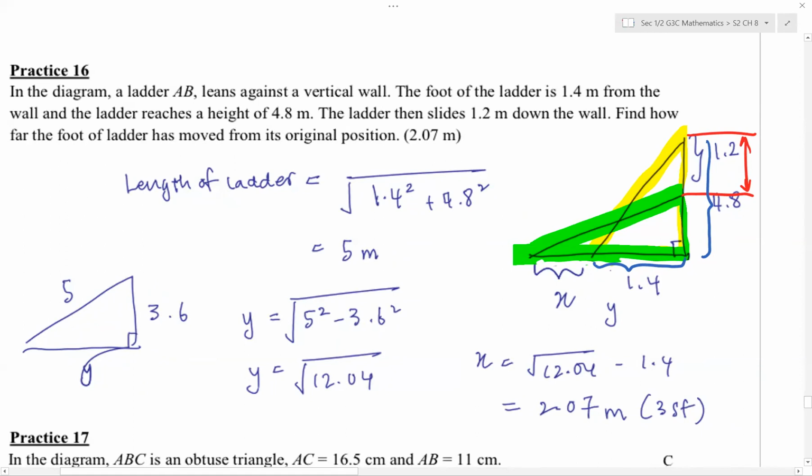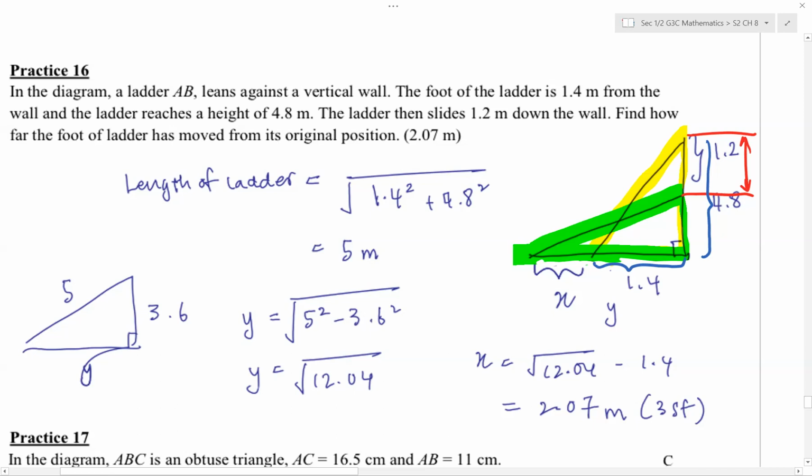And that's why we use x over here to help us mark out the horizontal distance. Anyway, so the question is how far the foot of the ladder move from its original. I can assure you that this wouldn't be 1.2. Otherwise, we'd just be copying the answer down, right?